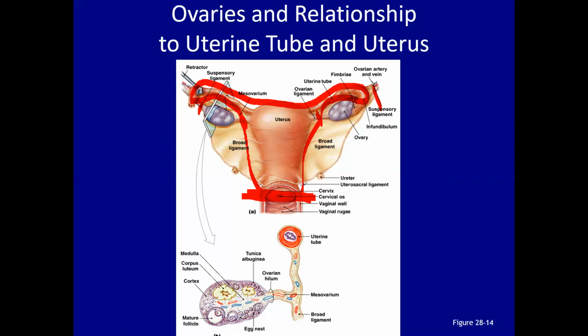All right. Another thing I would like for you to notice is, let's look at these ovaries. So this is a great image. What you can see right here is there is an ovary that has the fallopian tube that lays close to it.